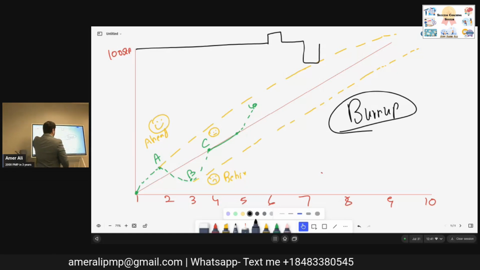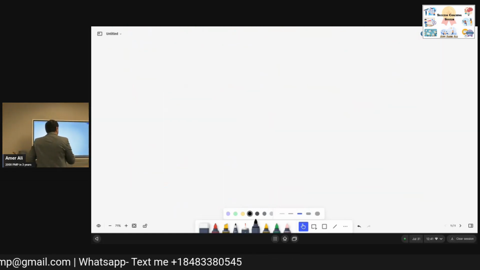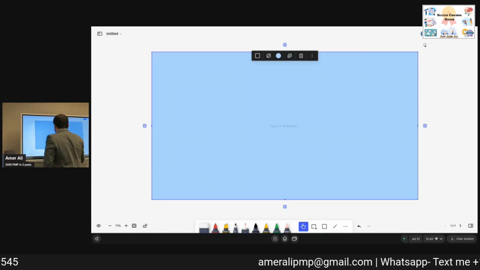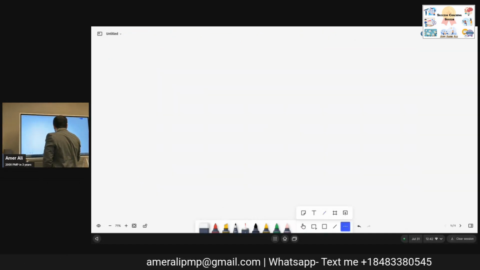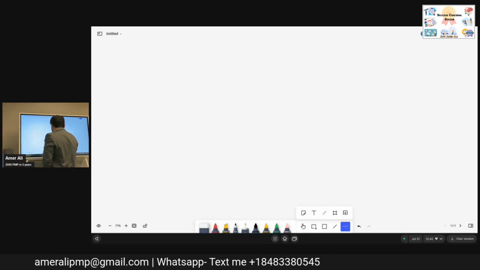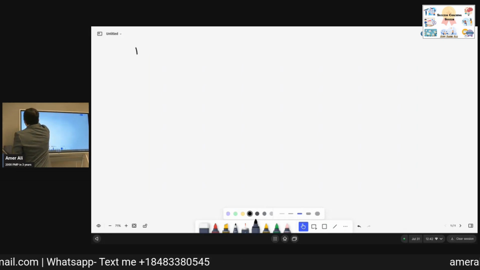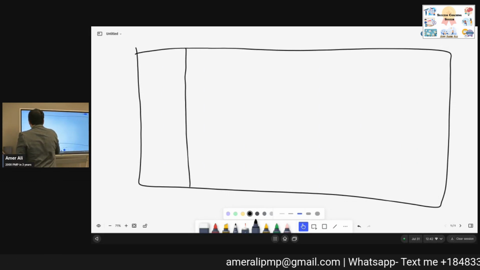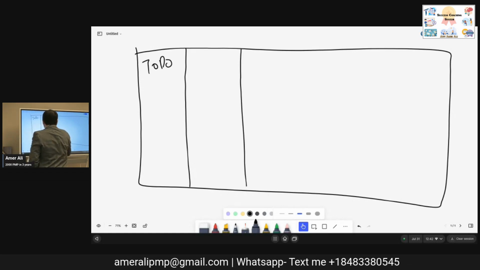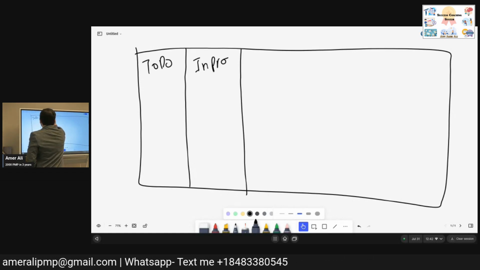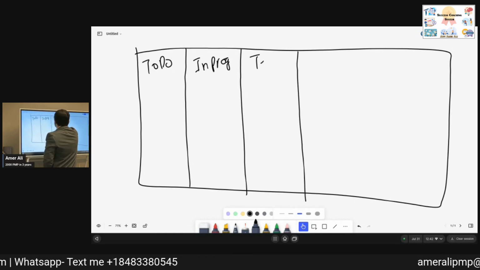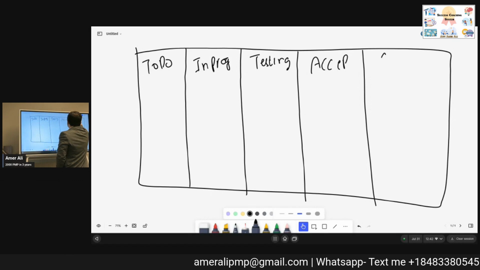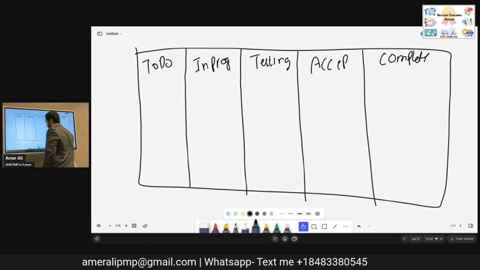Now the next one in the information radiator is your Kanban board. Let's make a box: to do, in progress, testing, accepted, completed.